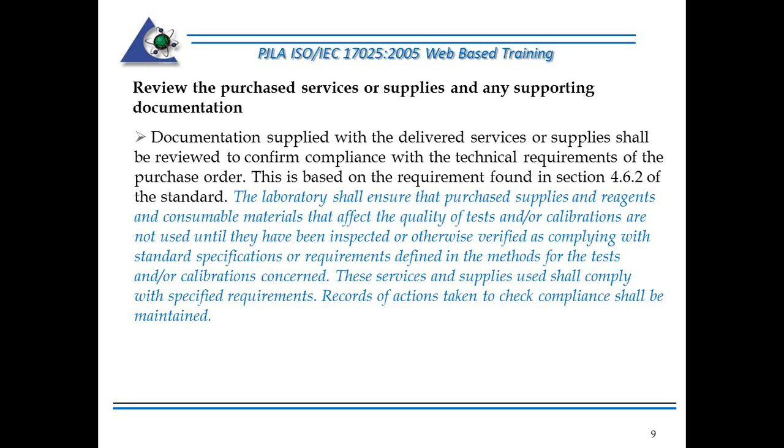Oftentimes, always, with any kind of standard reference material, calibrated material, or calibrated equipment, you will get documentation of some kind. If you're buying, for instance, the pH standard solutions for pH testing, they will come with a sheet of paper detailing what they contain and what the pH is and how the pH was determined.